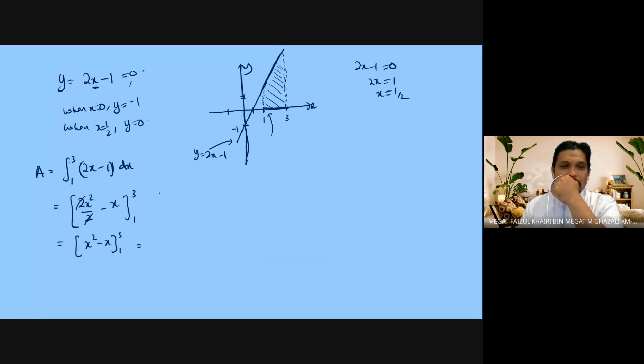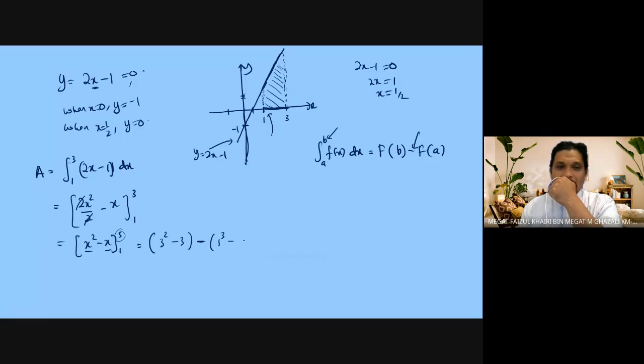As we know, the integral of f(x) dx from x equal to a until x equal to b gives you capital F with the variable b first, minus F(a). So we substitute x with 3 first: 3 squared minus 3, minus, and then x equal to 1: 1 squared minus 1.